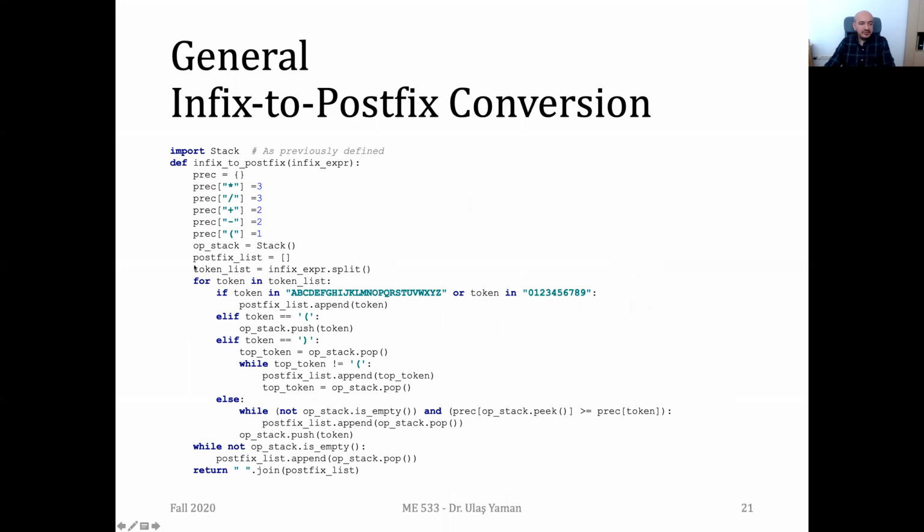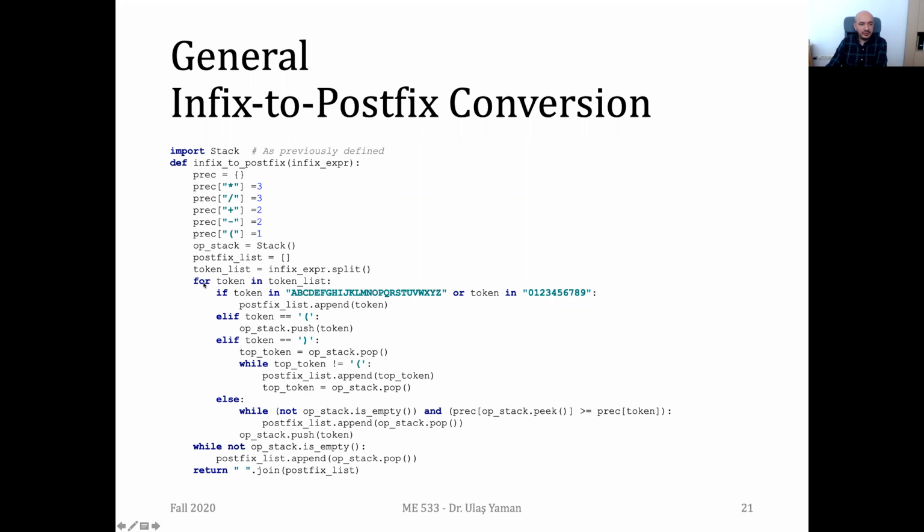Then we get the infix expression and split it so that all the items in our string expression go into a list. They will be divided into items in our list, and then things will be easier. We can easily scan the operators and the operands in our token list.